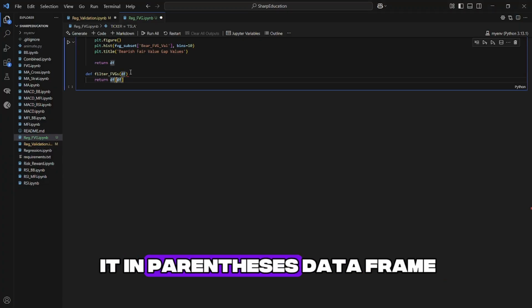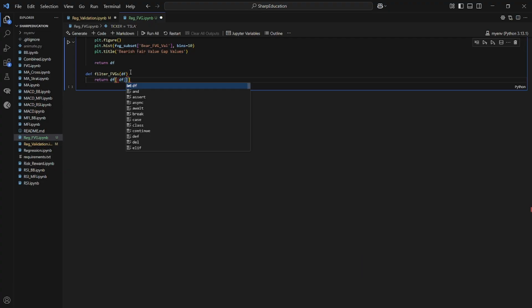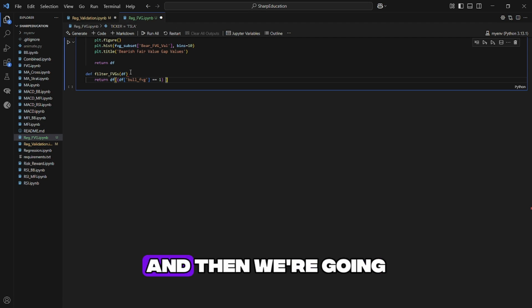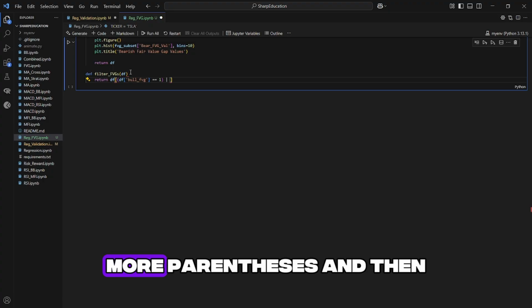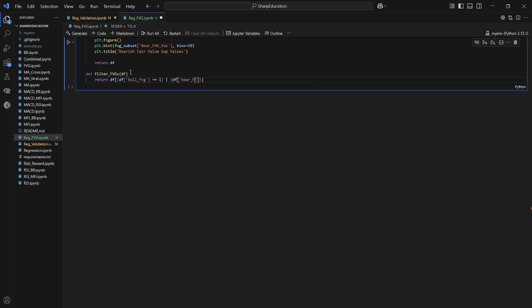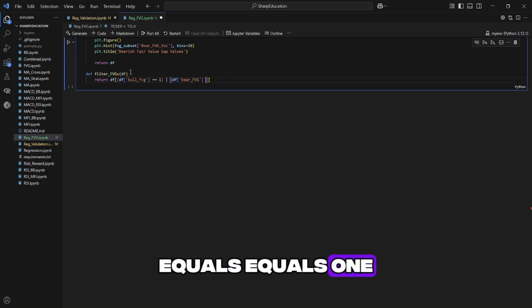So we're going to put it in parentheses: data frame bool FVG equals 1, parentheses, and then we're going to do this notation, more parentheses, and then data frame bear FVG equals 1.